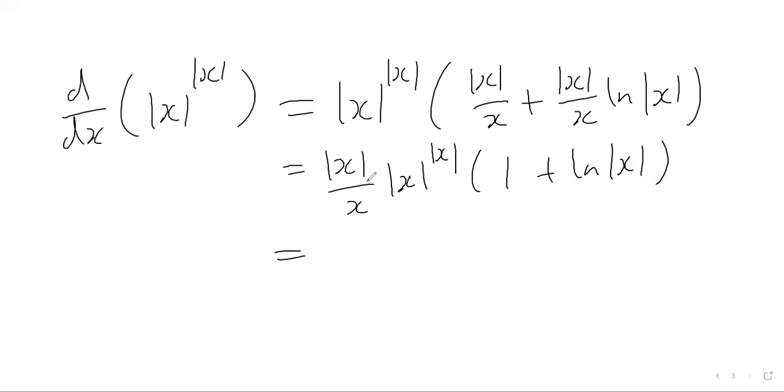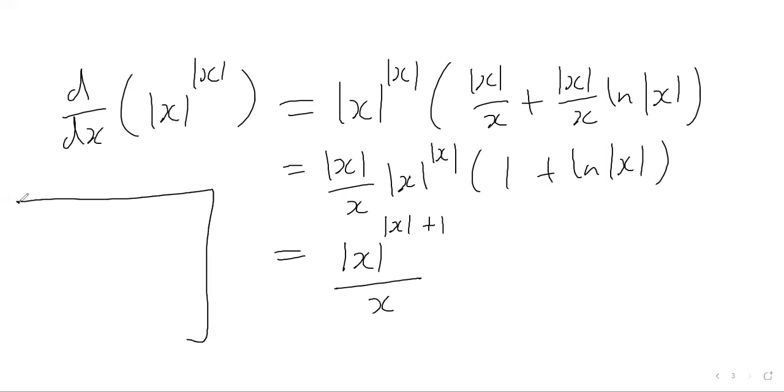And now, we've got a modulus of x multiplied by a modulus of x to the power of a modulus of x. So using rules from indices, this is just going to be the modulus of x to the power of the modulus of x plus 1, divided by x, like that.